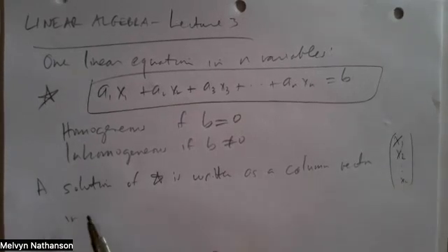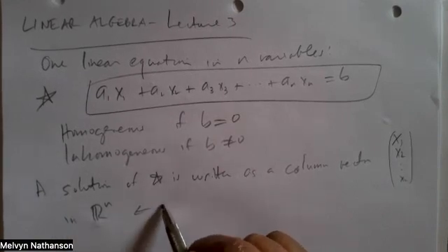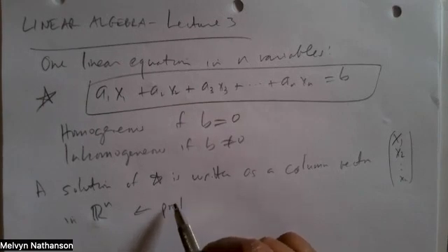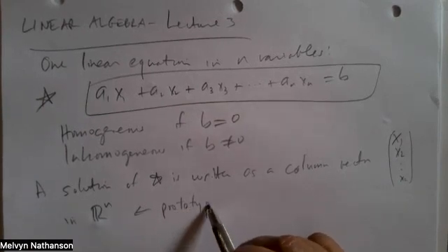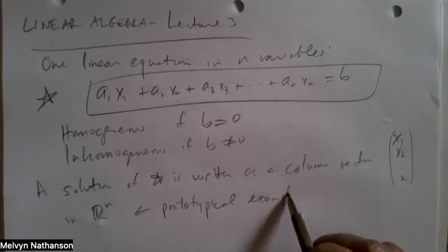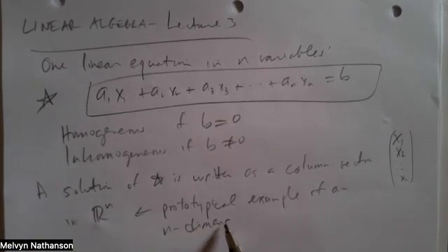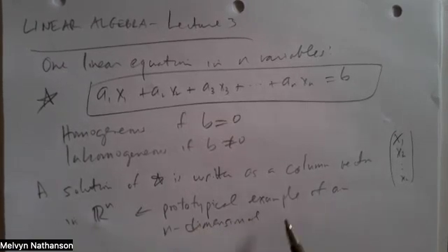And the set of all column vectors is what is called Rn. This is our prototypical example of an n-dimensional vector space. But we'll see what those words mean soon enough.